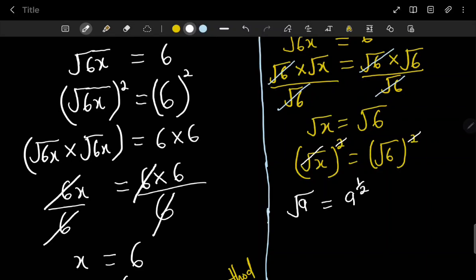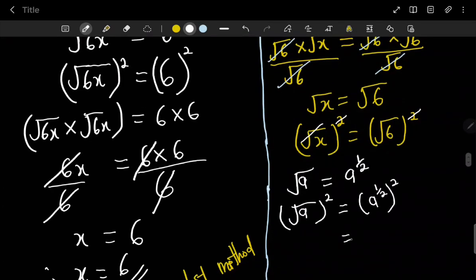Okay, so if let's say you have a square root of a squared, right, it is equal to a raised to the power 1 out of 2, and then this power 2 also, right?